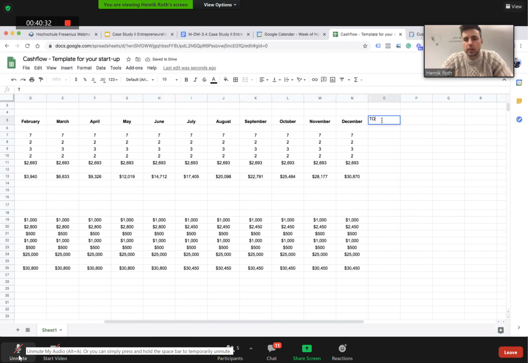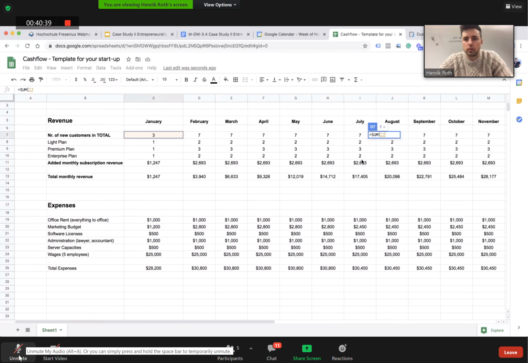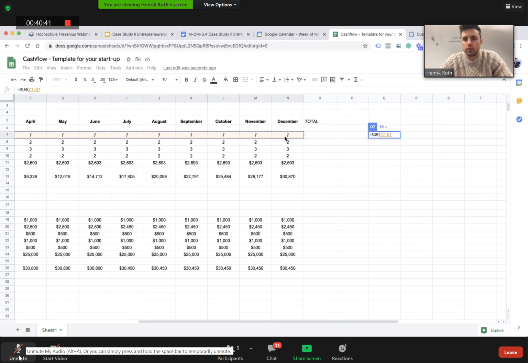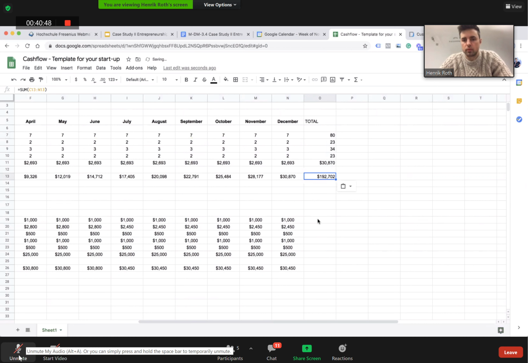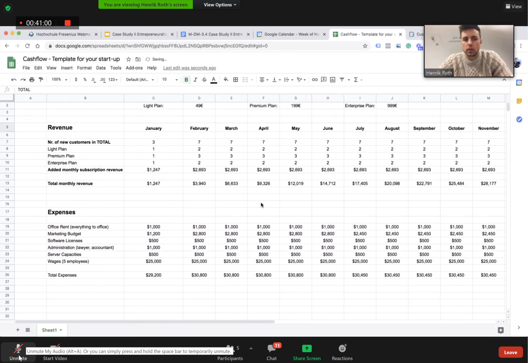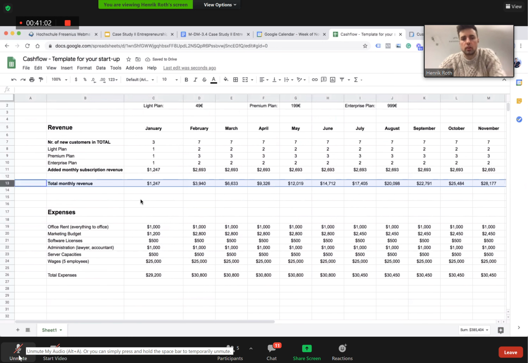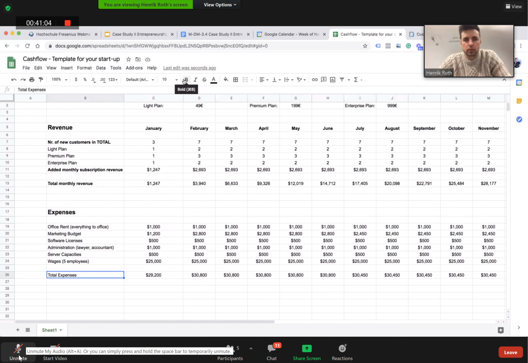And here also make a total, like a sum. Okay, so now you already see.